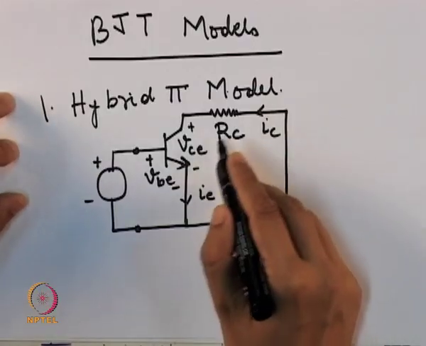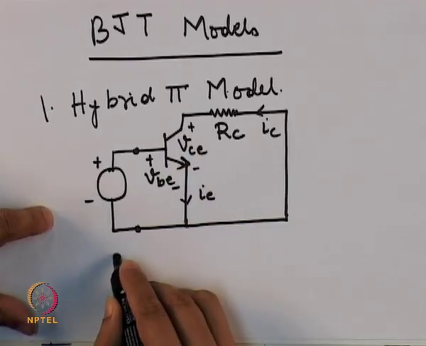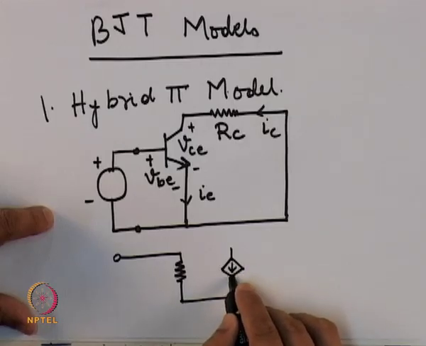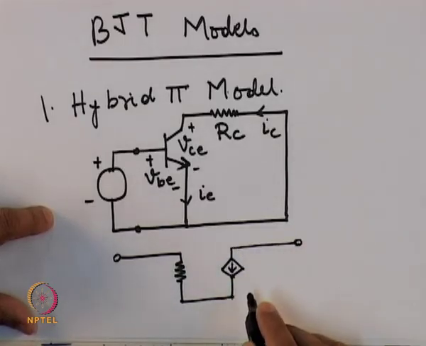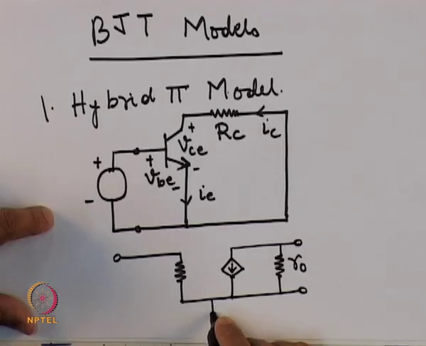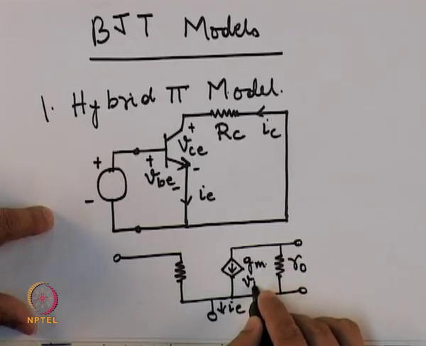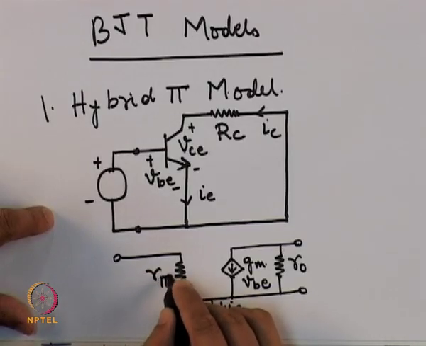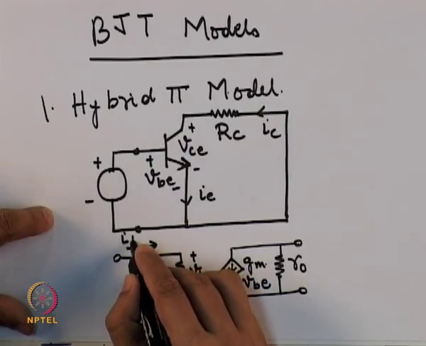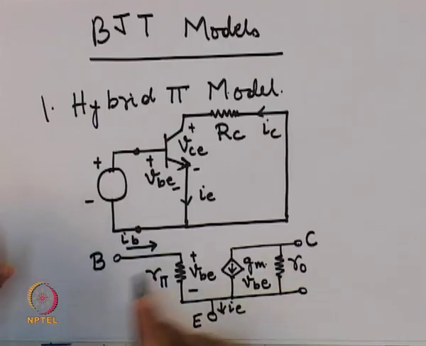So, the equivalent hybrid pi circuit or hybrid pi model for this BJT is given like this. This is the hybrid pi model.